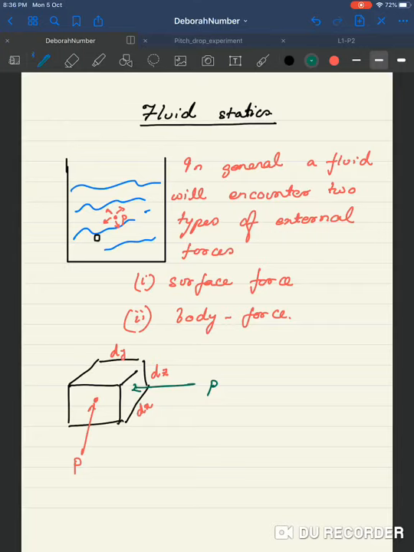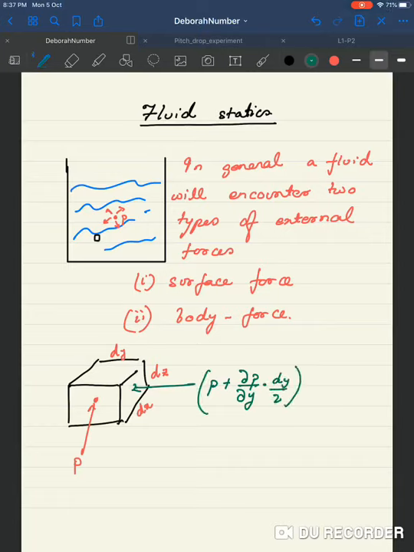So if I had to take a force balance in one of the directions, this is the y direction in which I'm trying to calculate the forces. The force on this face for this differential element would be P plus del P by del y into dy by 2.